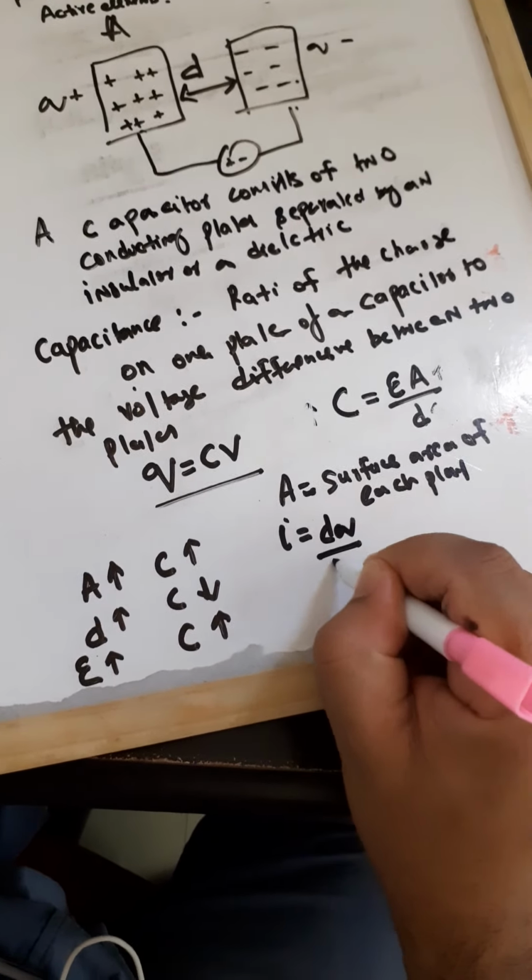So I is equal to C d by dt of V. This is an expression which can be written: I is equal to C dV by dt.